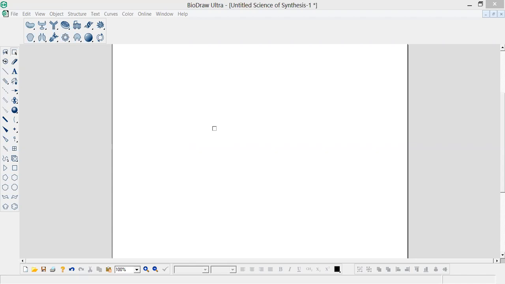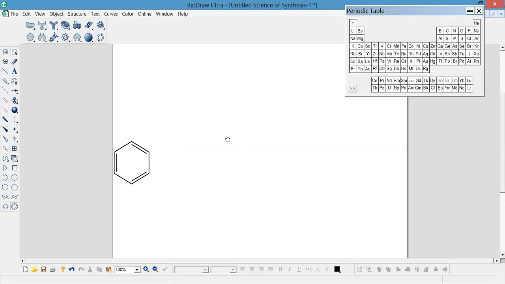Now we know that this imidazole is synthesized from a dicarbonyl compound, like glyoxal. Now this is a dicarbonyl compound, which has 2 carbonyl groups.